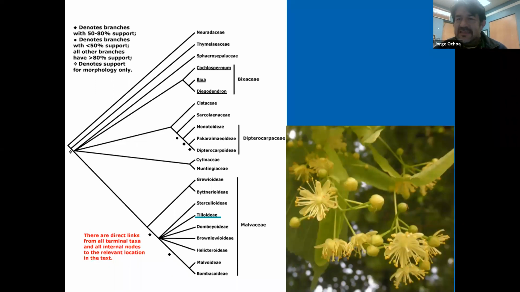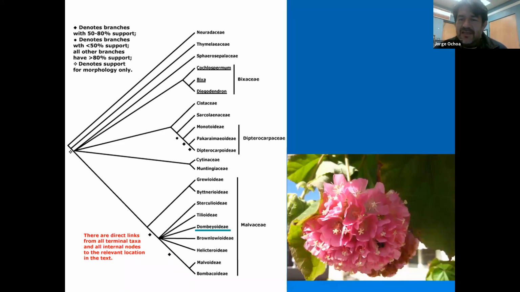Or Tilioideae, the genus Tilia, which is mainly trees with the common name of linden tree. Here you can see many stamens, five petals, and that's the typical family. Or Dombeyoideae, after the genus Dombeya, the hydrangea tree or peekaboo tree from Madagascar, would be our representative.